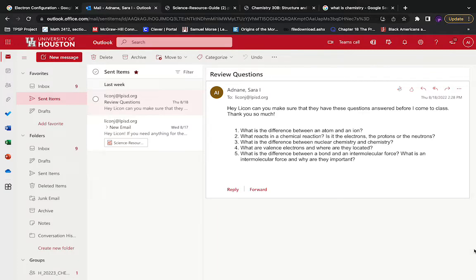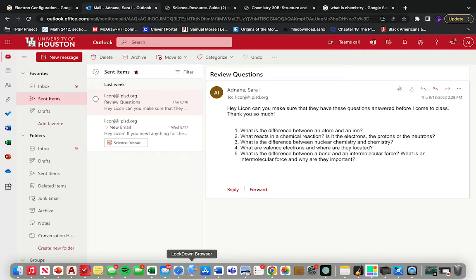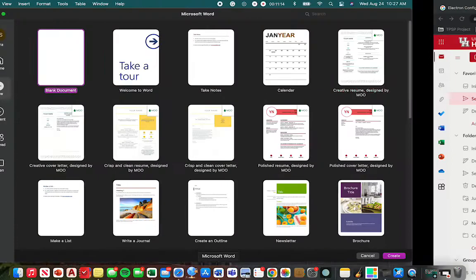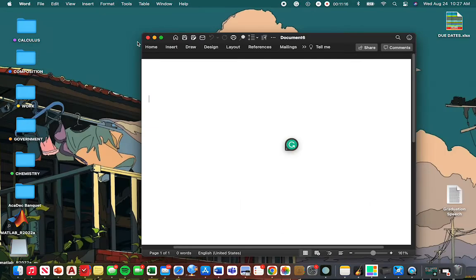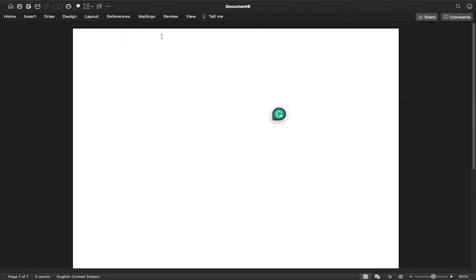What is the difference between an atom and an ion? So an atom is neutral. An ion is not. If an ion has a plus on the very top of it, let me write it out for you.